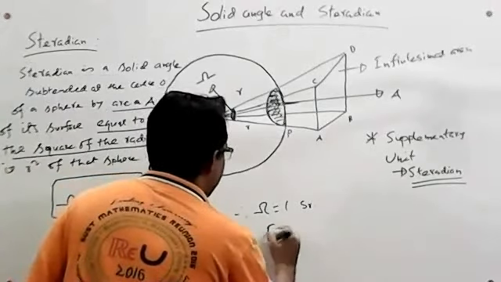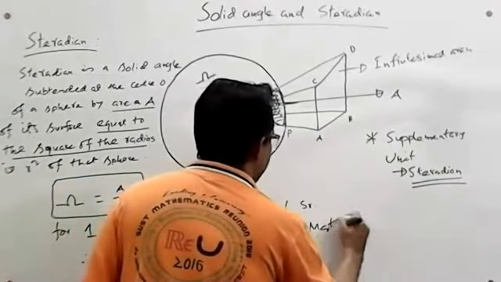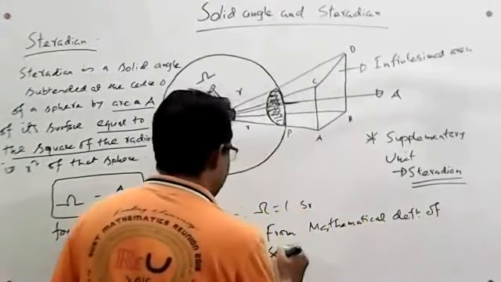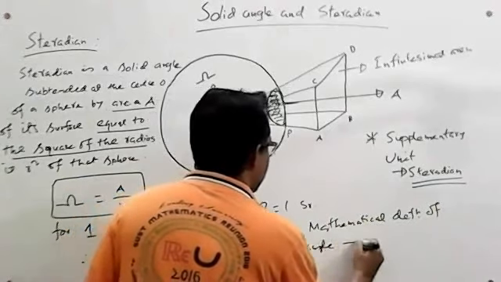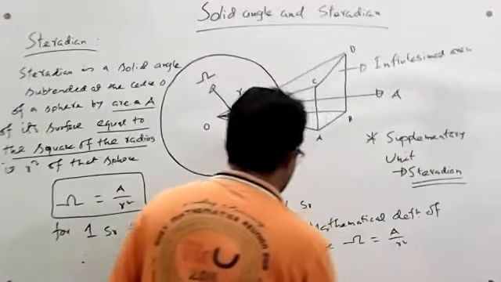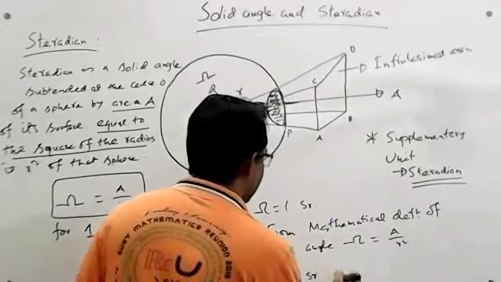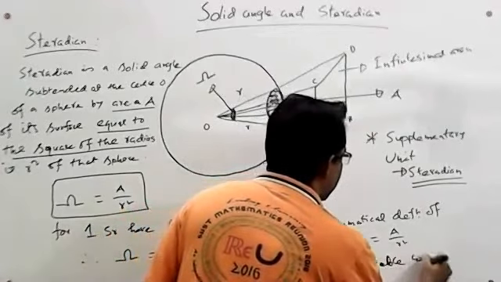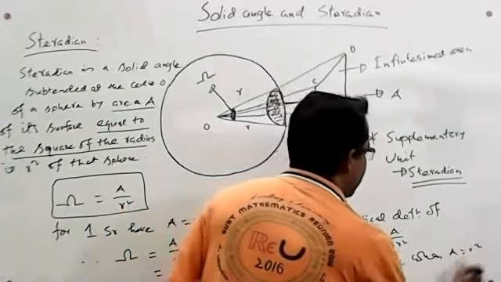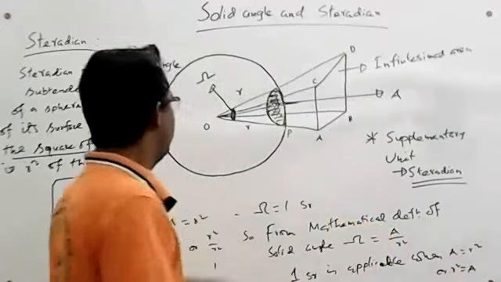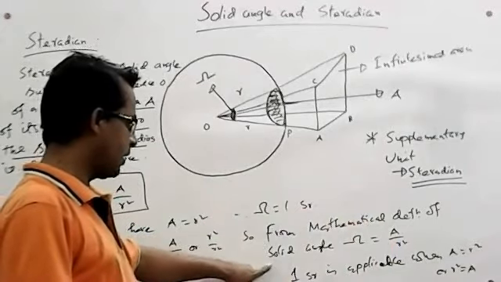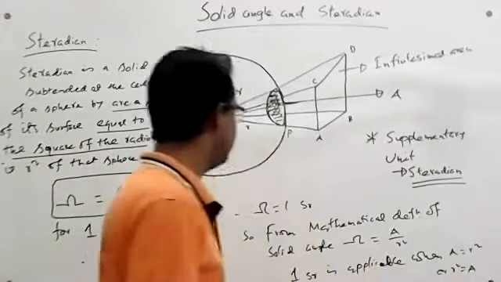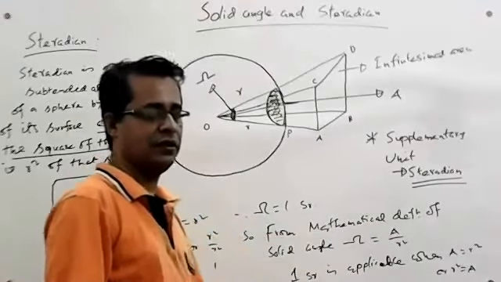So from the mathematical definition of solid angle, omega equal to A over r square, one steradian is applicable when A equal to r square or r square equal to A. And that is the condition.